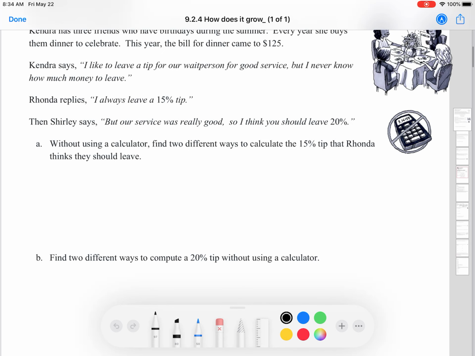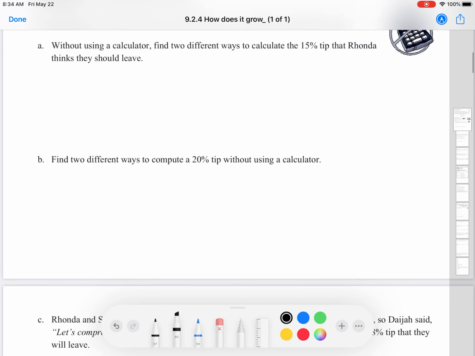So first, we have to remember it is $125, right? And we've been talking about this in the percent stuff: if we figured out what 10% is, and then we figured out what 5% is, we can add them up to get 15%. Now, remember, $125.